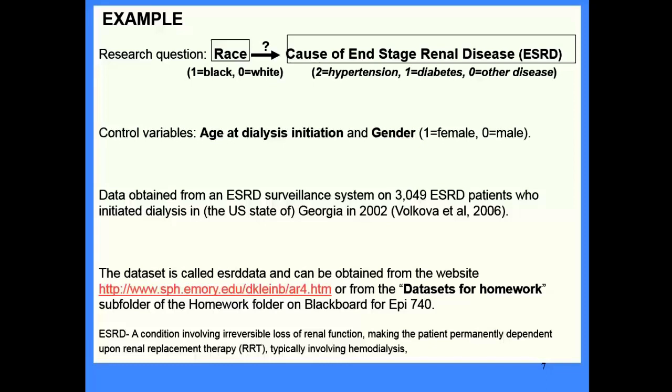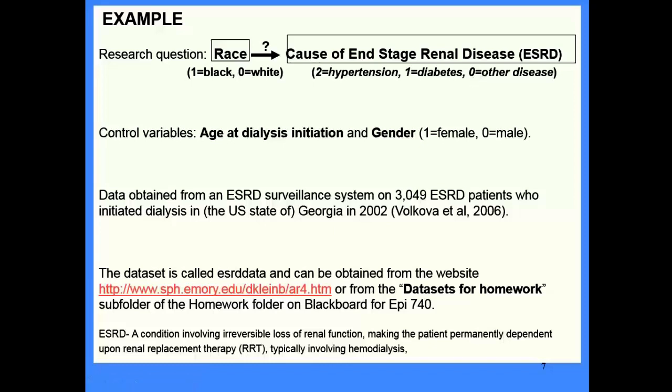But it's now three categories of the outcome. In addition, there are some variables to control for, so there are some C variables here. One of them is age when they started dialysis, and the other is gender, whether they're male or female. So these are the two C variables. This is the E variable, and this is the D variable. The difference now is we've got three categories of it.